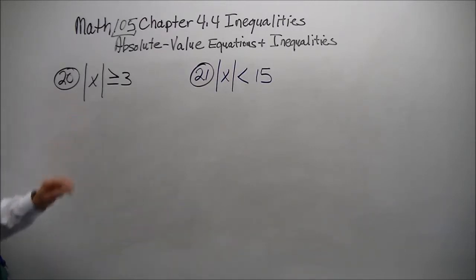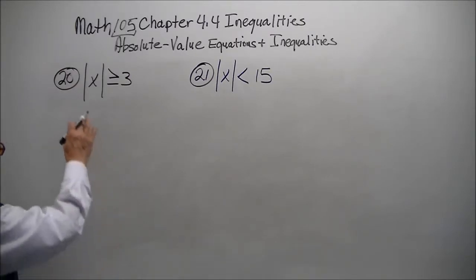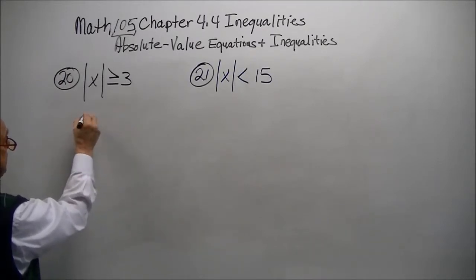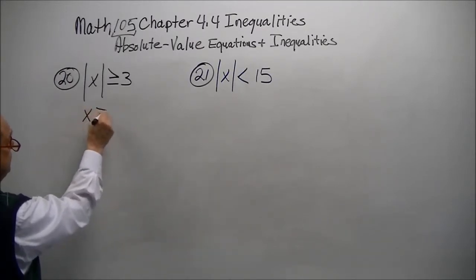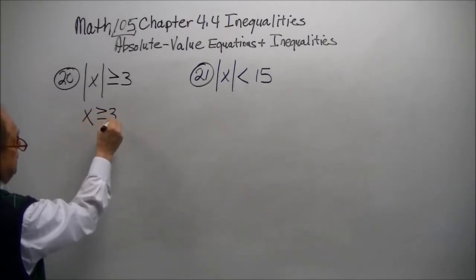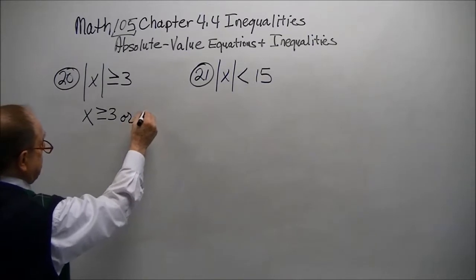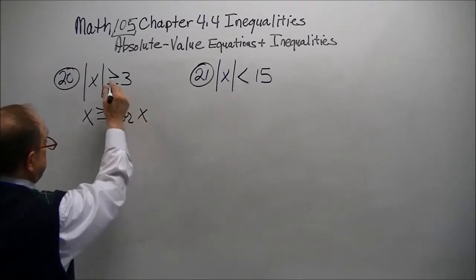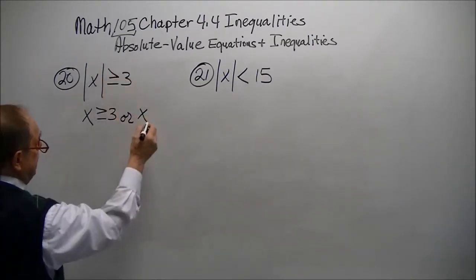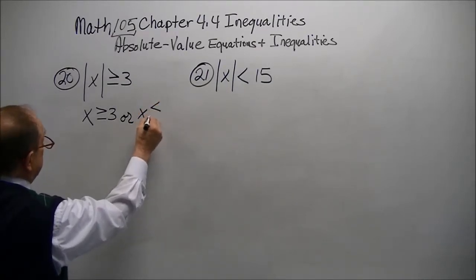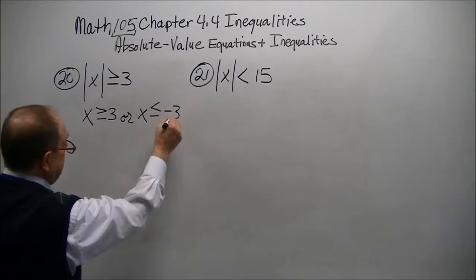Now in 20 and 21, we're asked to graph these. So let's solve them first. Here we're going to say that x is greater or equal to 3, or, now we have to reverse that sign, x is less than or equal to negative 3.